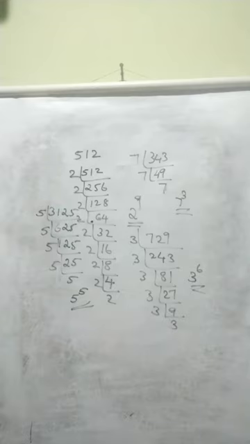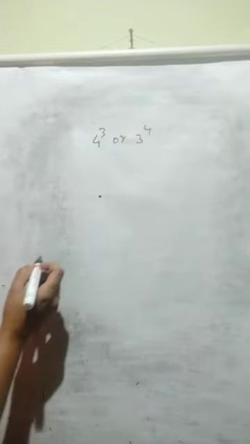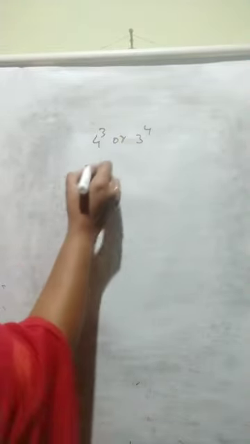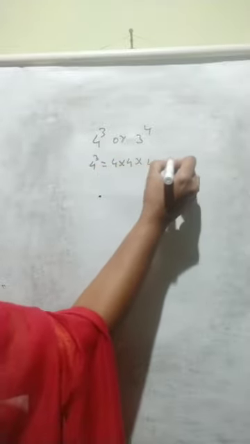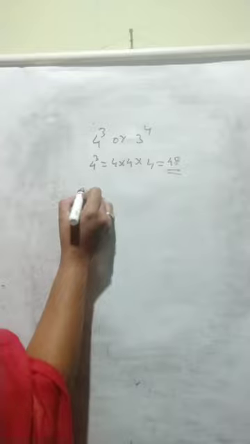Okay. Now we have to do the fourth group, that is identify the greater number. That is 4 raised to 3 or 3 raised to 4. Here 4 raised to 3, what is its meaning? 4 times 4 times 4. The value is 64. 3 raised to 4.